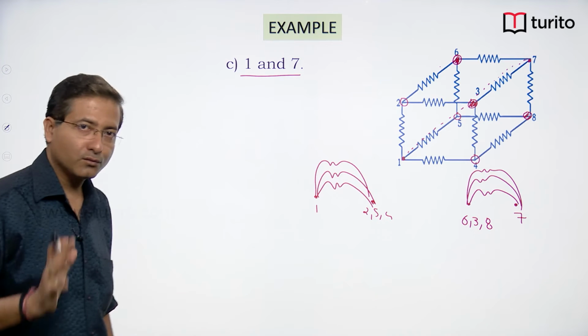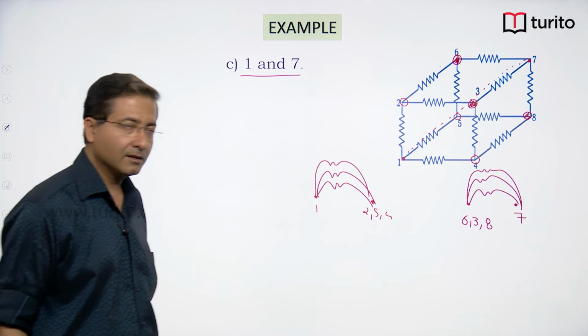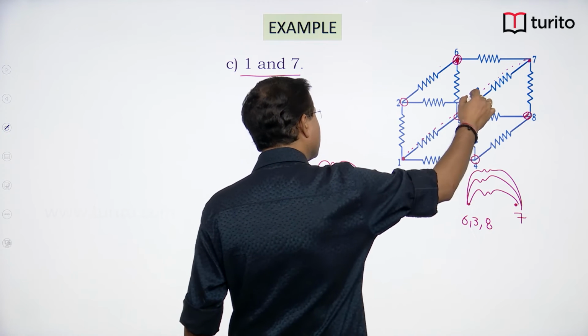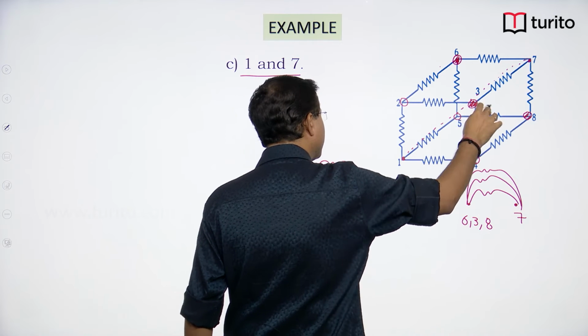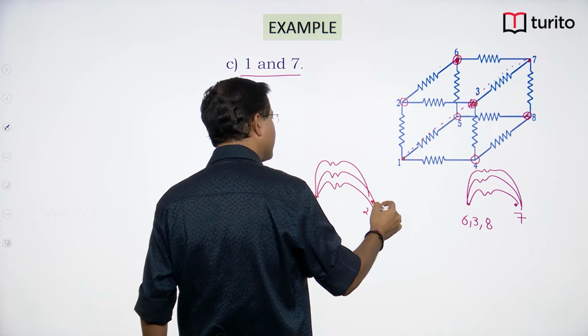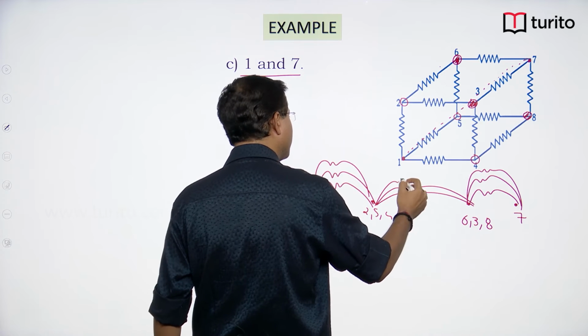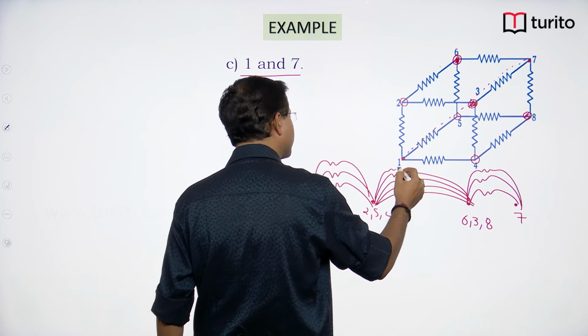So out of 12, 6 we have already drawn, remaining 6. So between 2 and 6, 1, then between 3 and 4, 1, okay. So remaining resistors are connected between these two terminals, you can see in diagram. So remaining 6 I am connecting across these two.